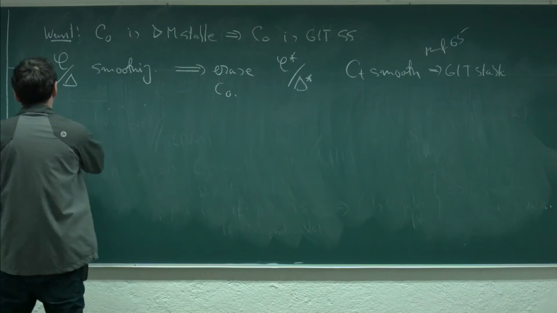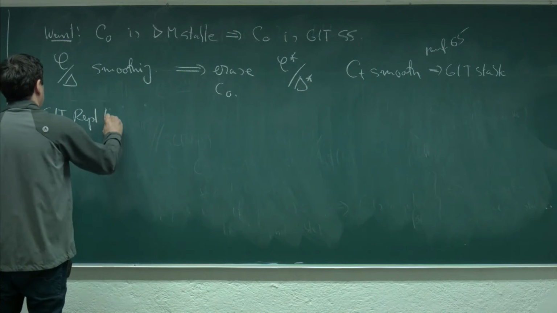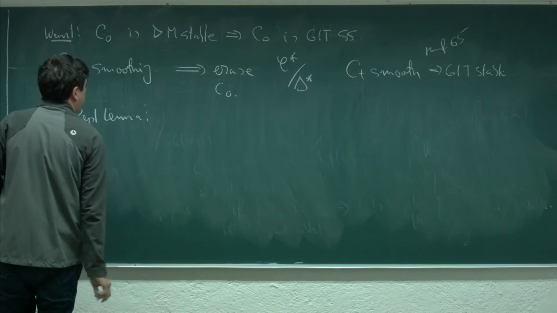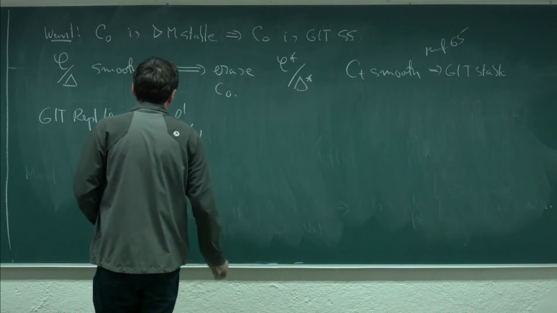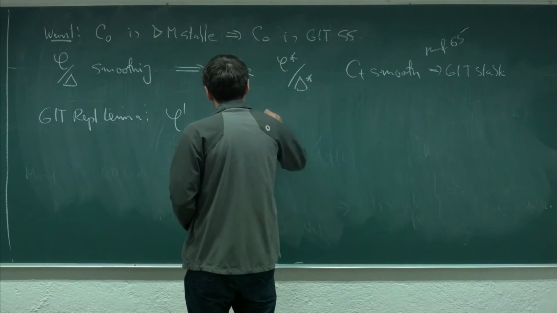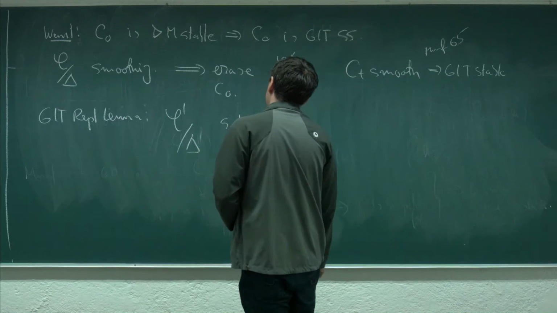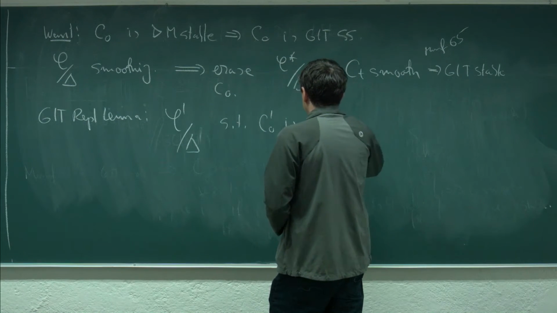But now by the GIT replacement lemma, the previous proposition, it tells me that I can get a family, C prime over delta, such that C0 prime is GIT semi-stable.